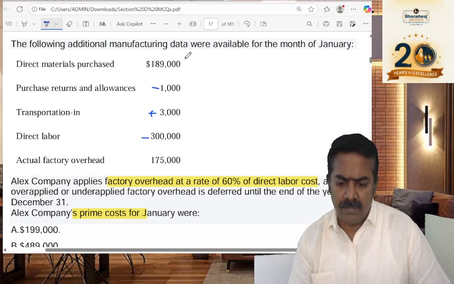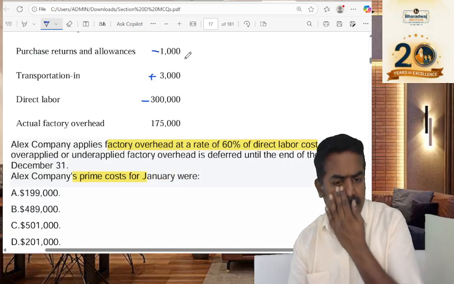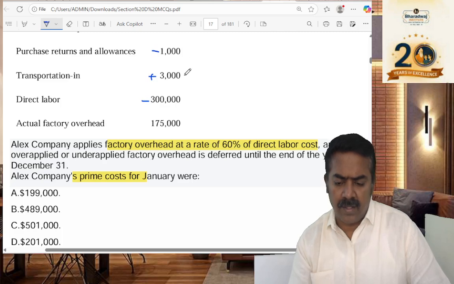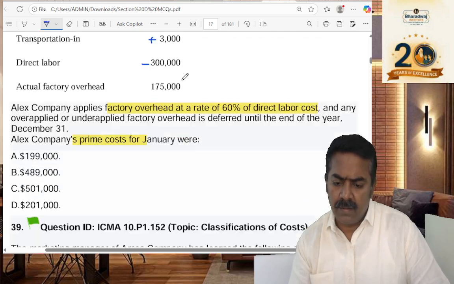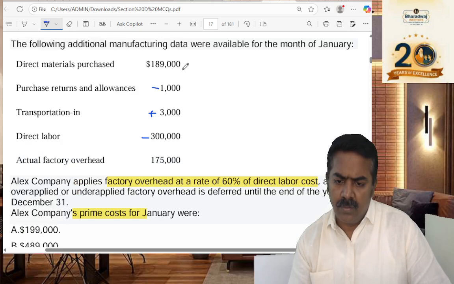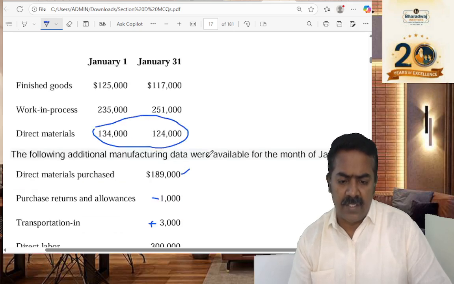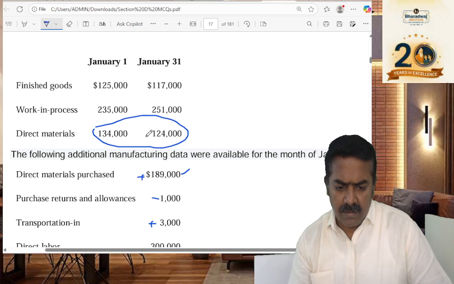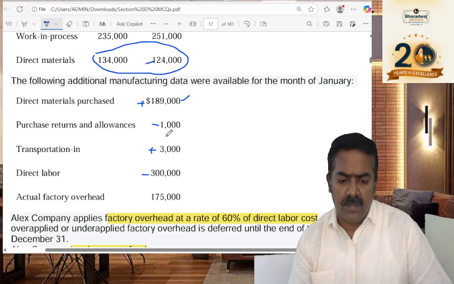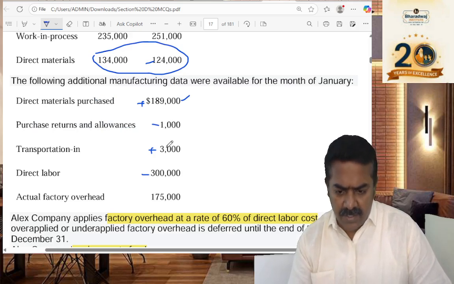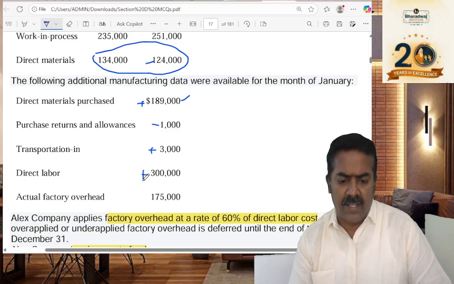How much do you get? 1,20,000. 1,89,000 purchased. There is a raw material stock. So opening stock plus purchases minus closing stock. 1,10,000. Opening stock plus purchases minus closing stock minus returns plus transportation plus direct labor.